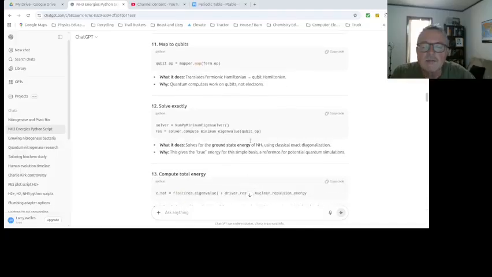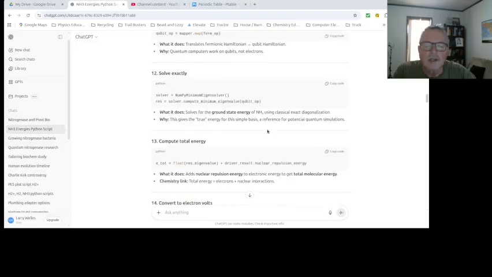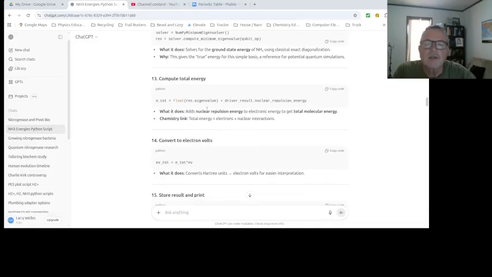And somehow, once we get that qubit thing all designed, then we do this solver, which does all the magical eigenvalue and all those different mathematical things to come up with a result. Total energy, we have to include not only the result eigenvalue, but also the nuclear repulsion energy, because once the nuclei come closer together, they're going to tend to repel each other because they're a positive charge versus the electrons.